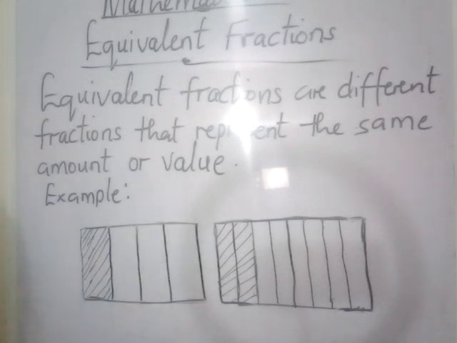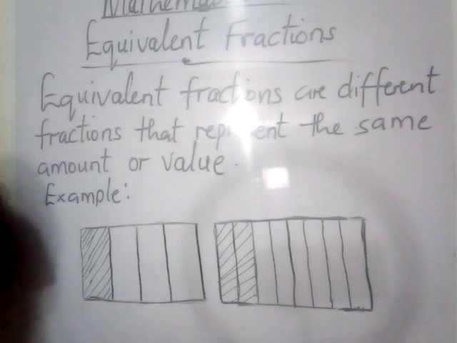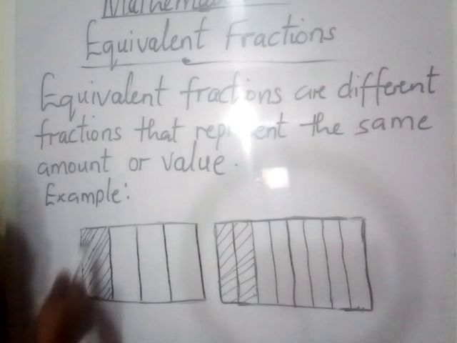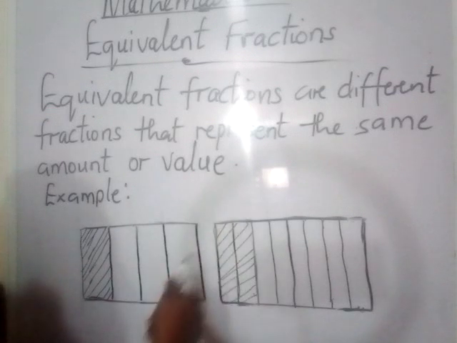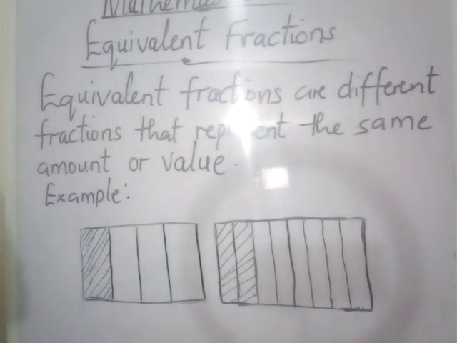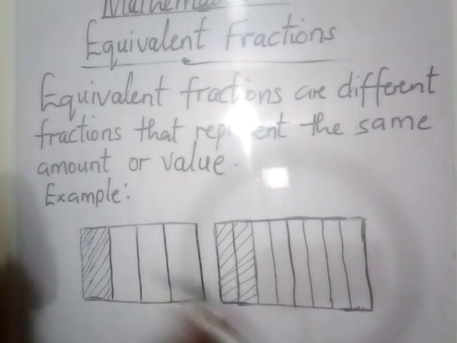Now just take a visual assessment of the two rectangles. You would notice that the shaded portion here looks exactly the same size as the one with the 2 portions shaded. Taking a visual assessment, you will see they look the same size.